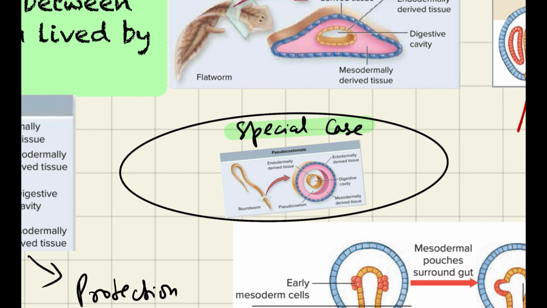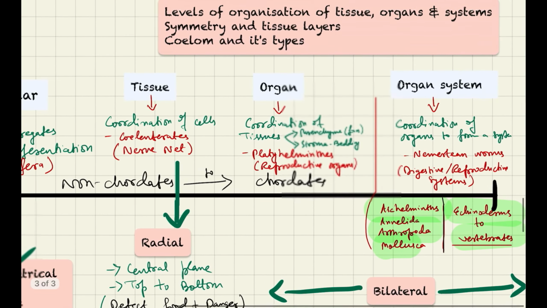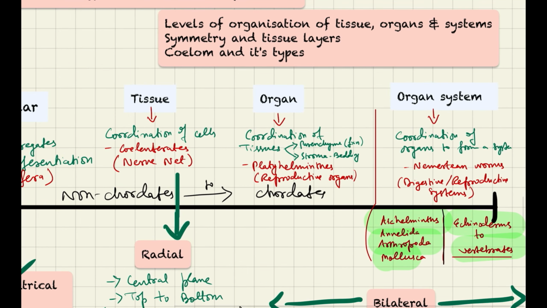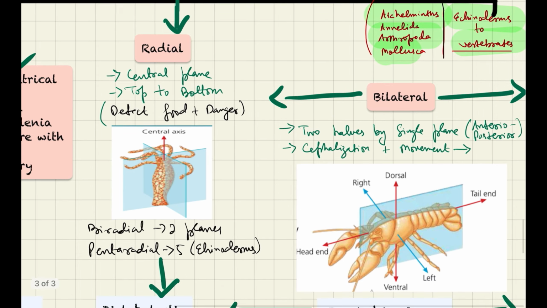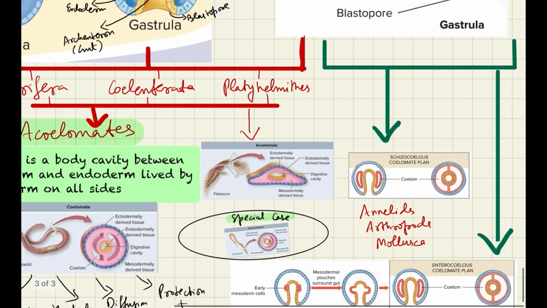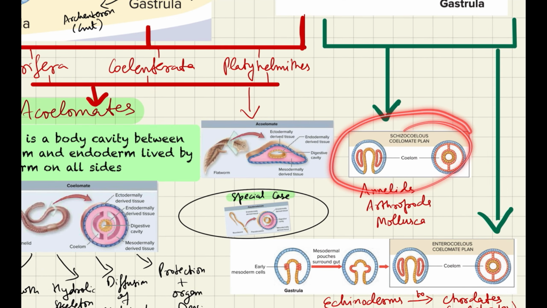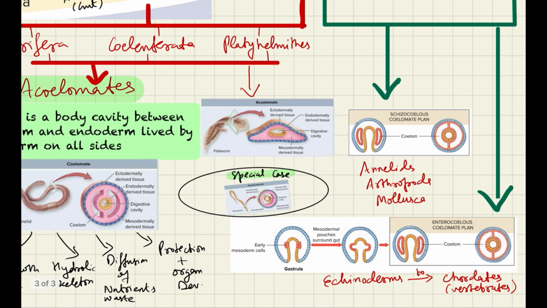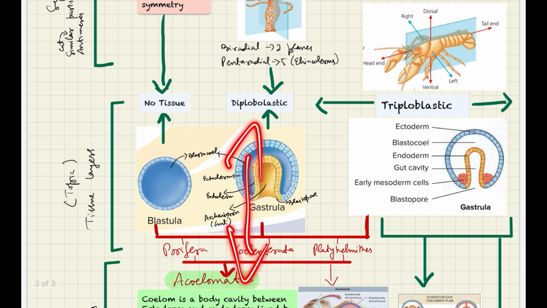Now let's come to the interlinkage. All the organisms having organ system grade of organization, these two groups, keep them in mind, are bilateral in symmetry, triploblastic, and coelomatous. And there are two groups, schizocoelous and enterocoelous coelomate conditions. We had earlier discussed these interlinkages also.